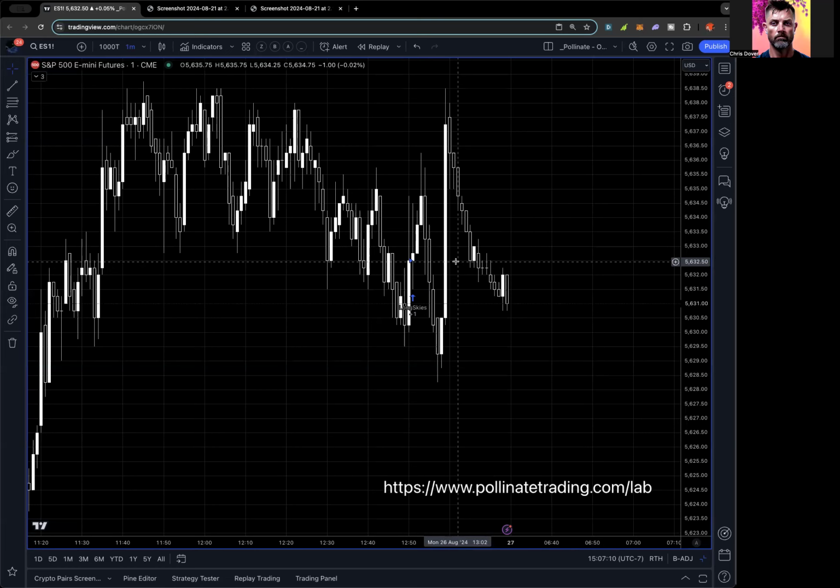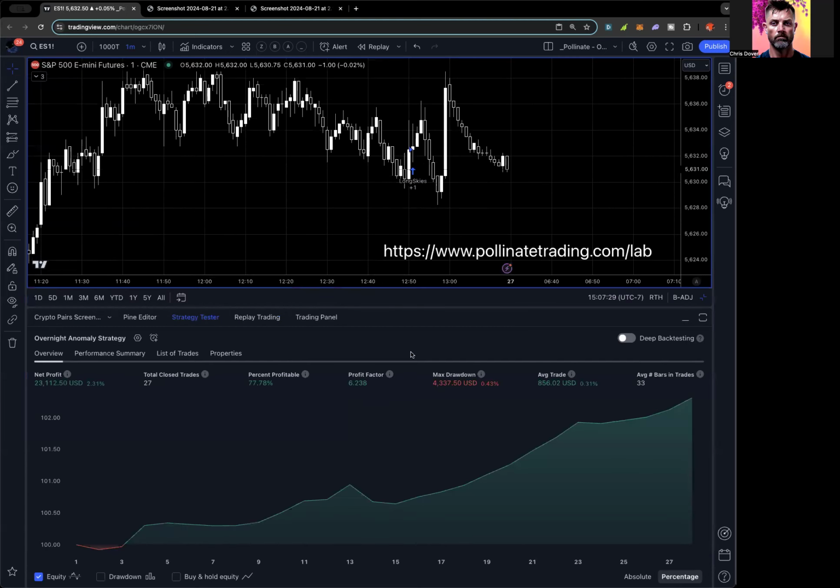In this regime, in this market, where we're at right now, it's a long only system. So we're looking for gaps the following day. Gap up the following day, gap up the following day, gap up the following day. For the last 2 months, this has been almost an 80% win rate.